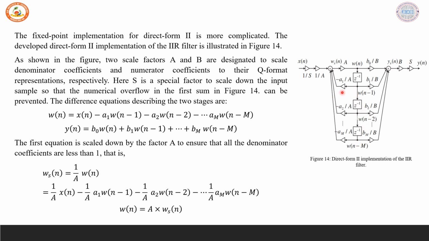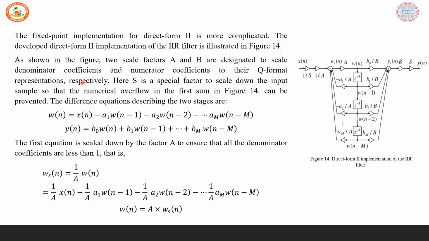Then these values could be scaled appropriately by the coefficients, which are a and b. As shown in the figure, there are two scale factors, capital A and B, for the respective numerator and denominator coefficients.